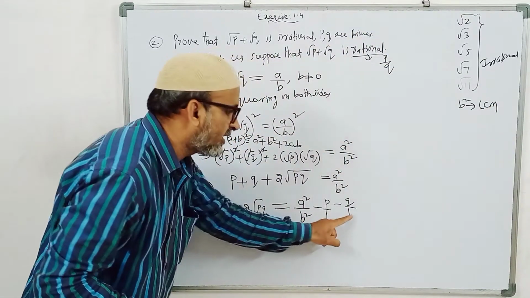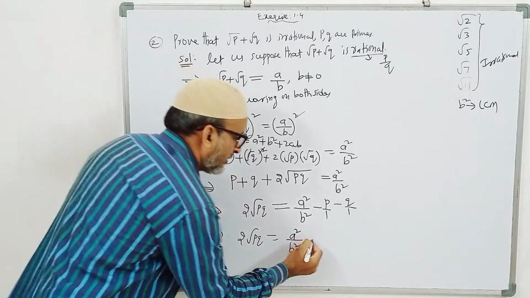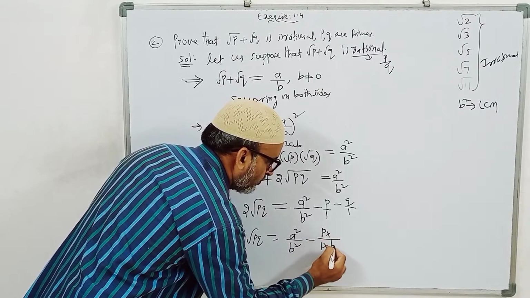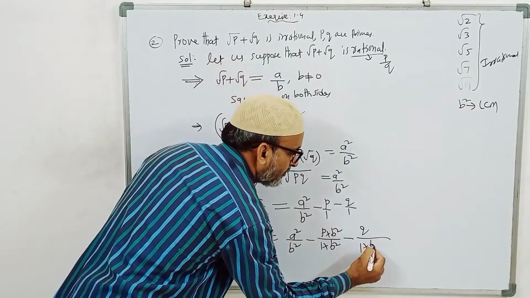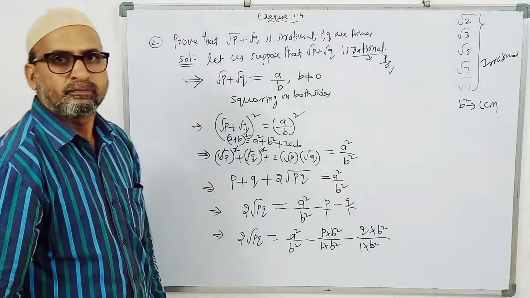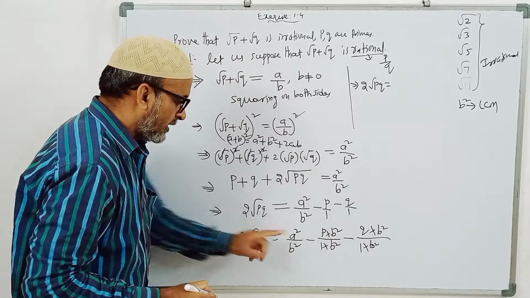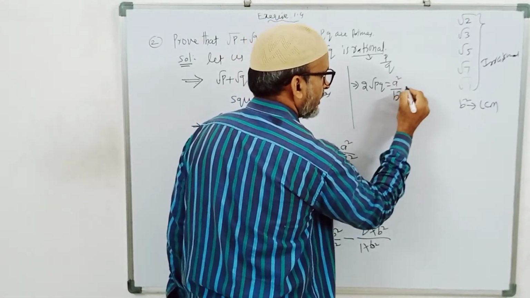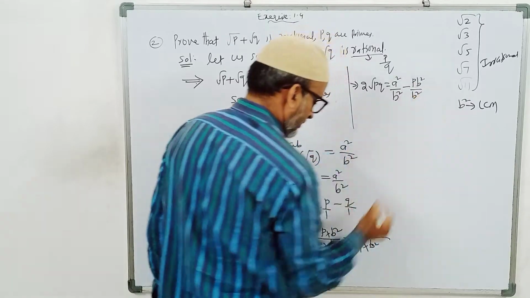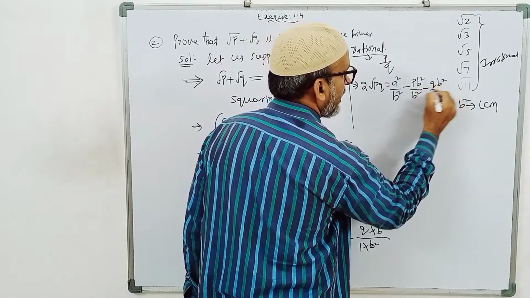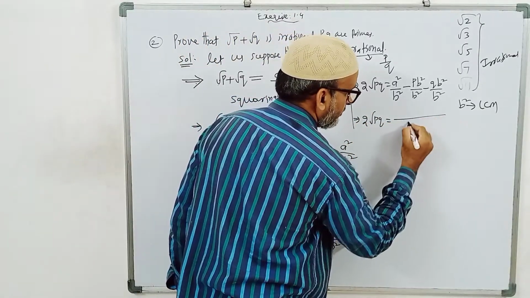Converting all denominators into B square: 2 root PQ is equal to A square by B square minus P B square by B square minus Q B square by B square.